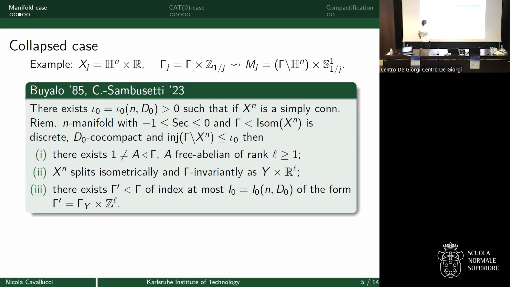Moreover, we can find a free abelian group, which is normal in Gamma, of positive rank. This is the important fact. Maybe it's not exactly a product like that, but a subgroup of bounded index in Gamma splits as a discrete group on the Y factor and a lattice on the Euclidean factor. So up to finite index, uniformly bounded, that is the only example you can have.